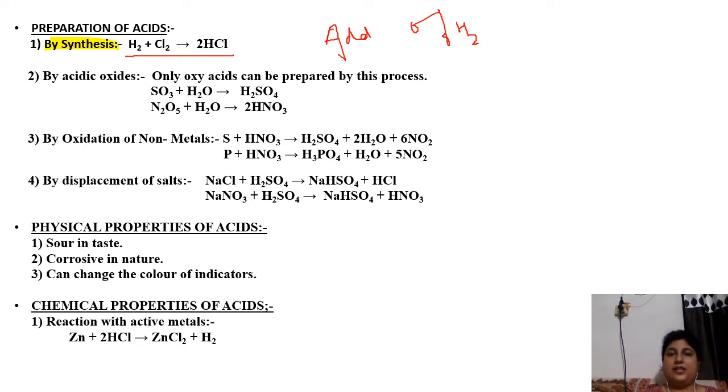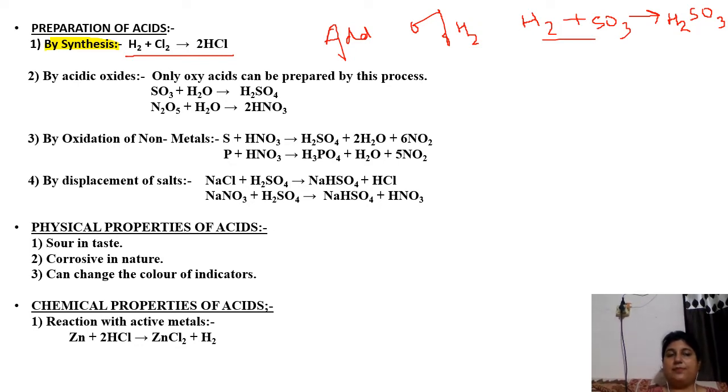ठीक है? Similarly, if we add hydrogen gas in SO3, यानी सल्फर ट्राइऑक्साइड गैस, ठीक है, it will result in the formation of H2SO3, the oxo acid of sulfur. ठीक है, by balancing the reaction we can get more types of acids such as H2SO4, H2S2O7 and so on.